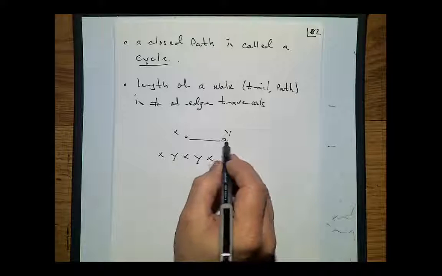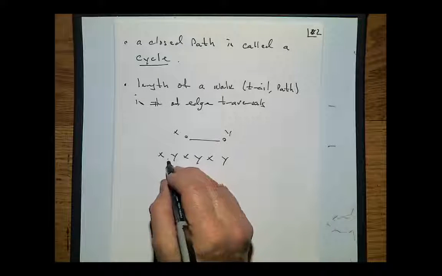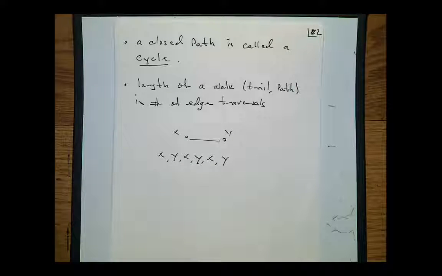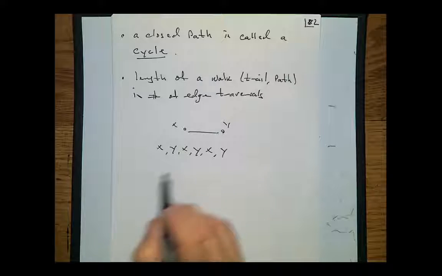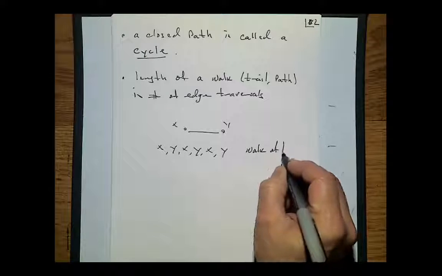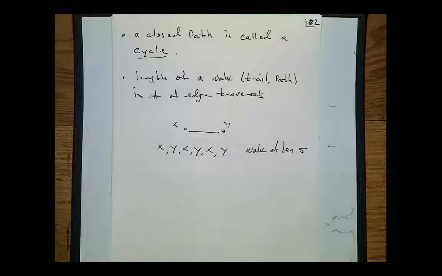So boom, boom, boom, boom, boom, like that. So it's the number of times an edge was traversed, and it can be the same edge. So count the commas. That's how you figure out what the length is. 1, 2, 3, 4, 5. So there's a walk of length 5. It's not a trail because we are traversing the same edge many times. So that's the length of a walk.